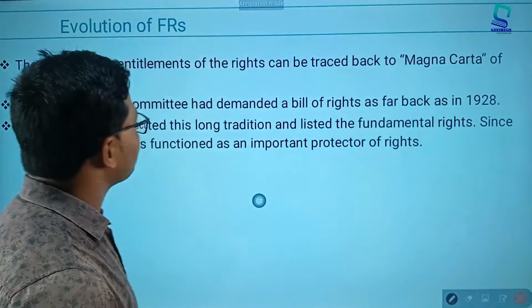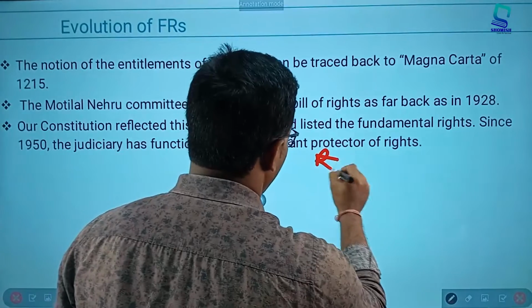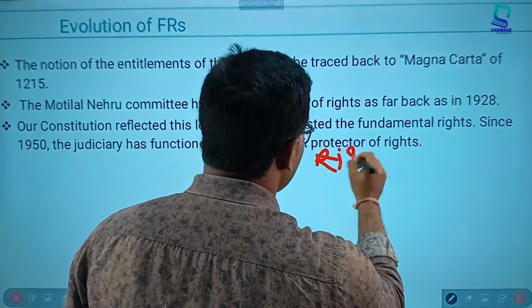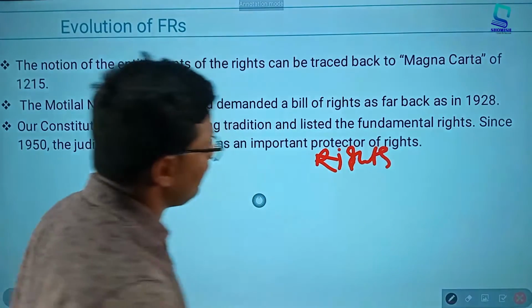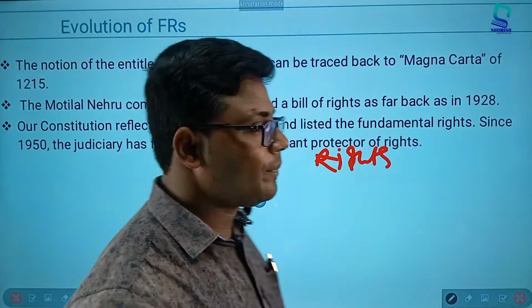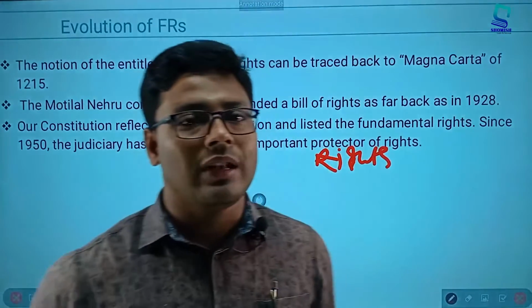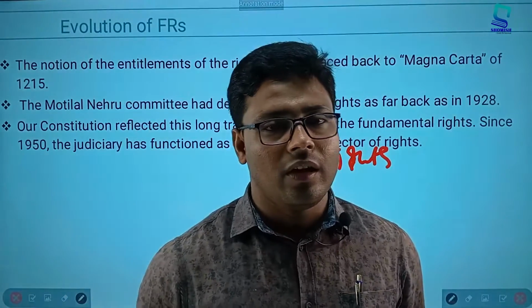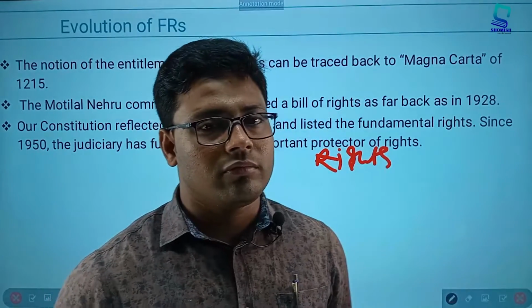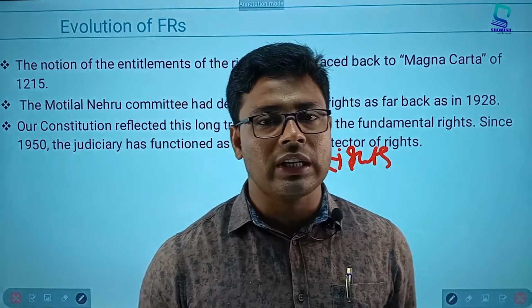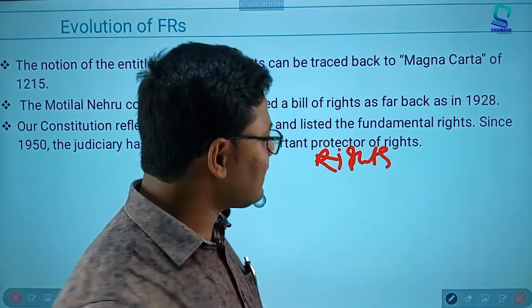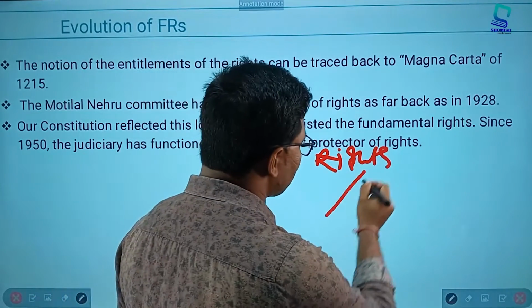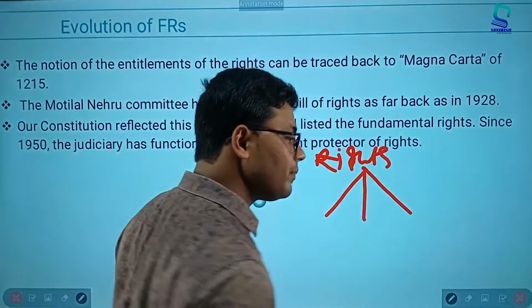So, rights. According to Laski, one famous professor of political science, rights are basically of 3 types.